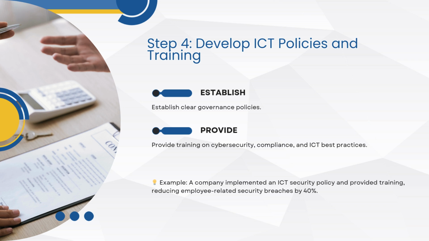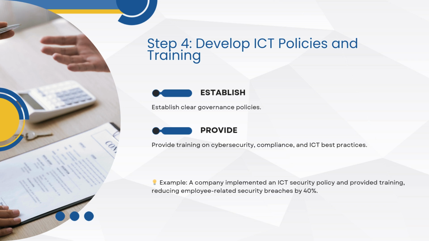Key components of ICT policies: cybersecurity rules and data protection guidelines, IT risk management protocols, and standardized IT service management processes. Example: a company implemented an ICT security policy and provided training, reducing employee-related security breaches by 40%.